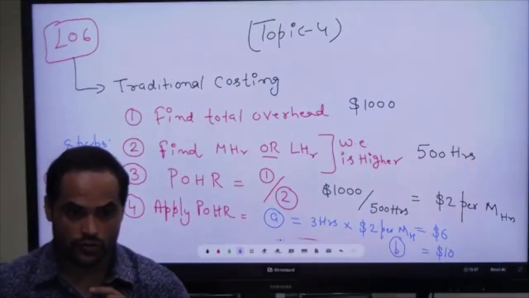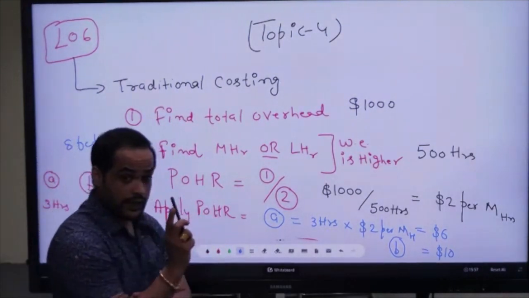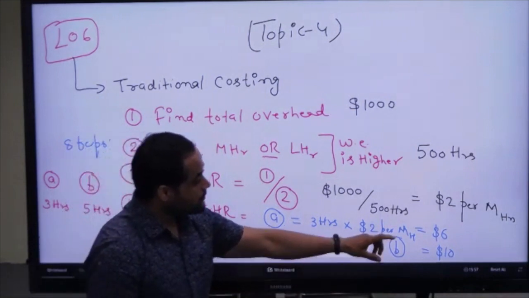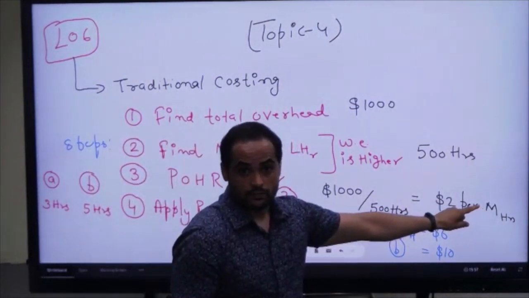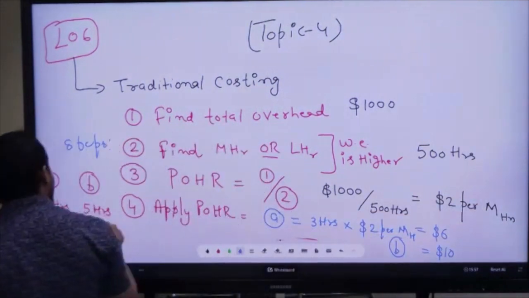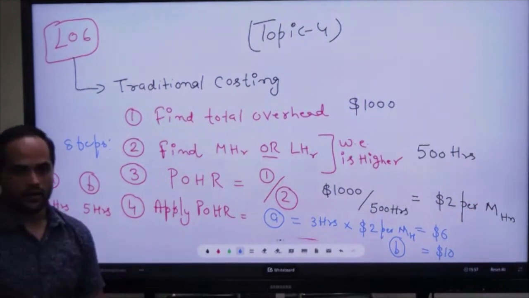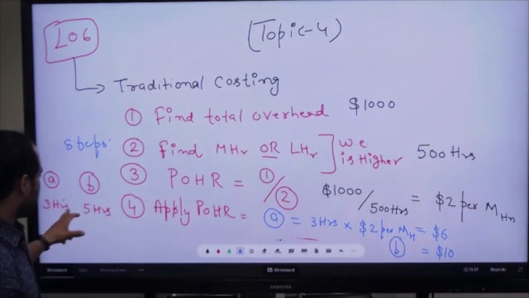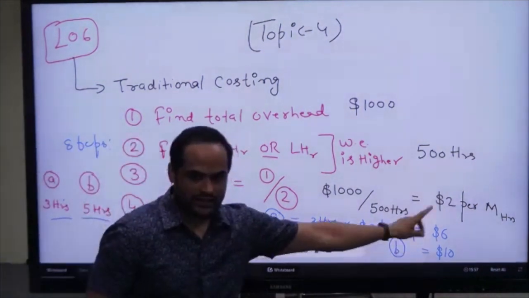So keep in your mind, if this is machine hours, then in your question you have to find out how many hours the machine runs to produce product A and B, and then using this 3 and 5, you get this allocation.